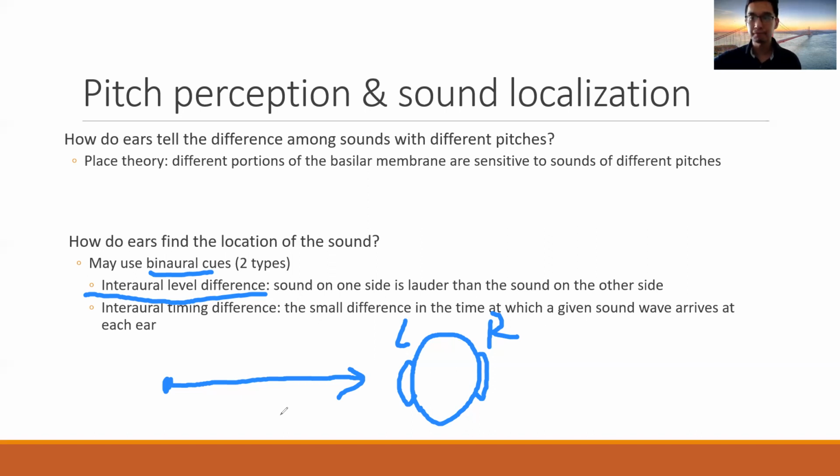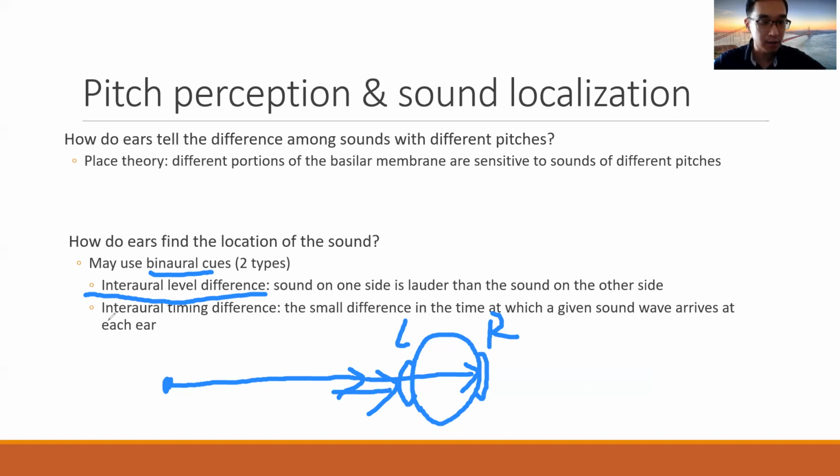So that's one characteristic of sound movement. When it reaches the left ear, it's louder, and when it reaches the right ear, it's weaker. So the brain can tell the loudness difference between the two ears, and tell that the sound is either on the left or on the right.